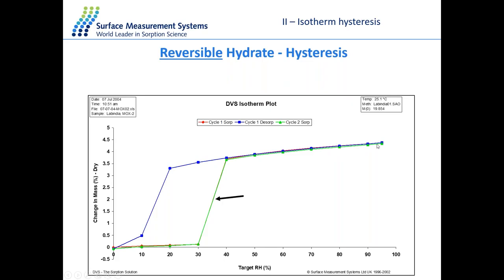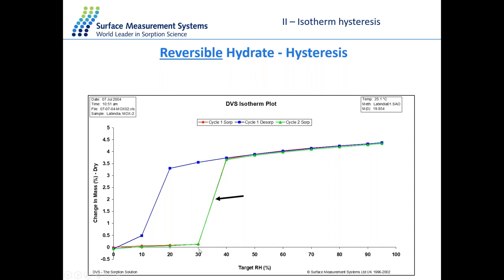Again, when we try to dry the sample, we have a critical condition. The interesting thing, and this is particular to hydrates and solvates, is that the critical relative humidity for the drying process to go back to the anhydrous form is different compared to the absorption cycle.